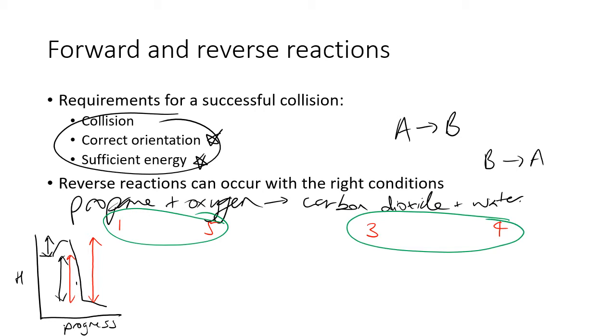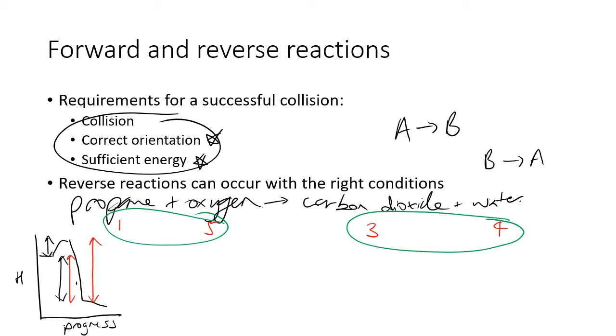So this correct orientation is quite easy. This correct orientation is quite hard. Right? So that's why you may not have lots of the reverse reaction for this particular reaction. Right? Mainly because you need a lot of energy and you need a very, very unusual correct orientation for this one to occur.